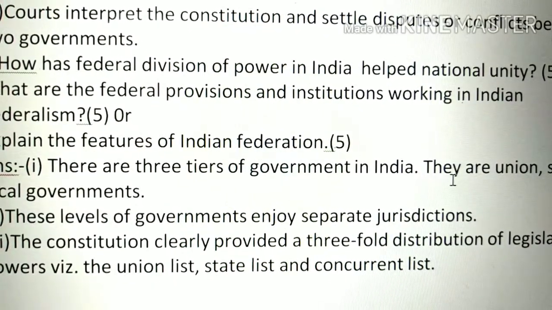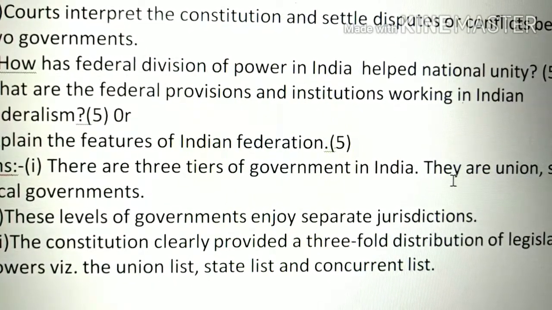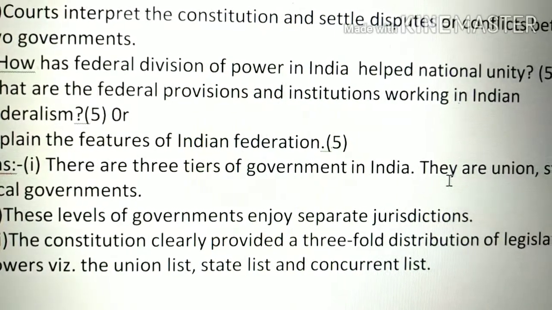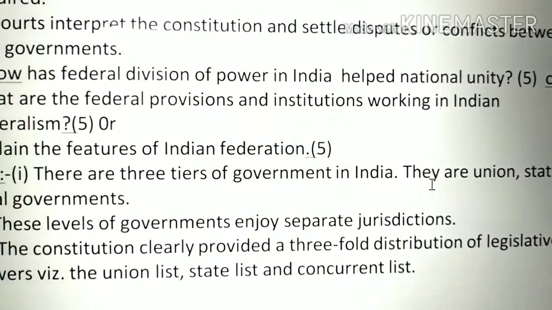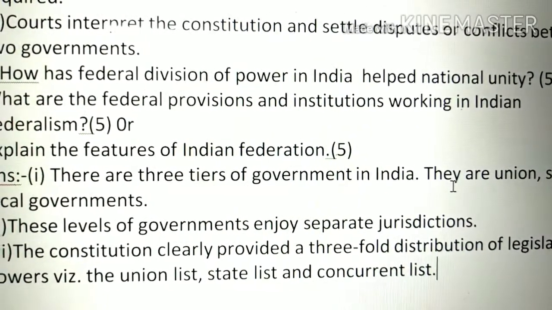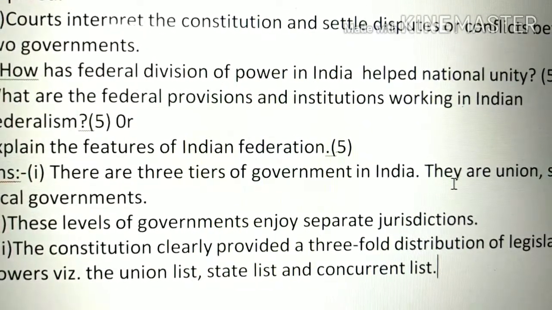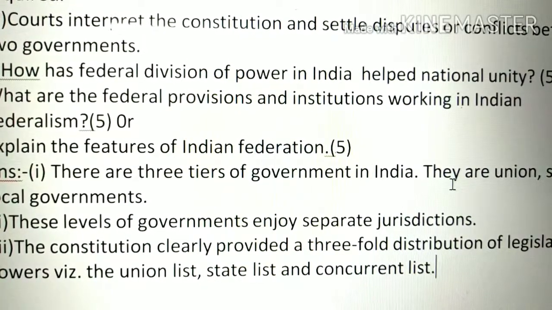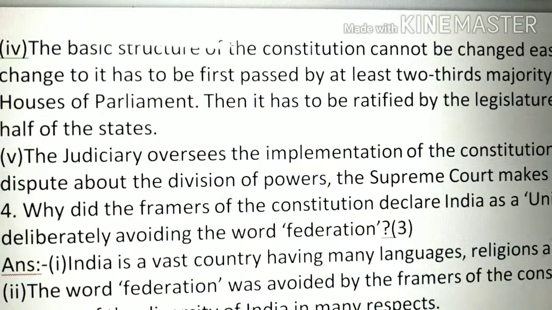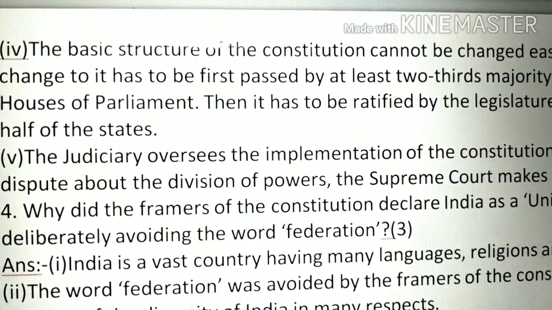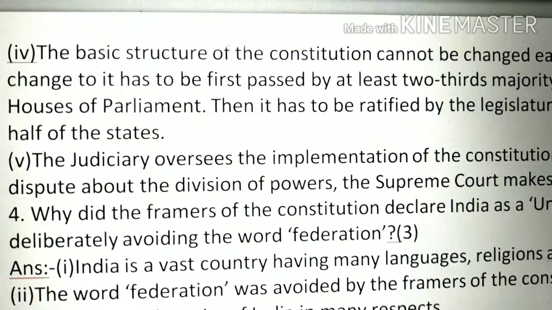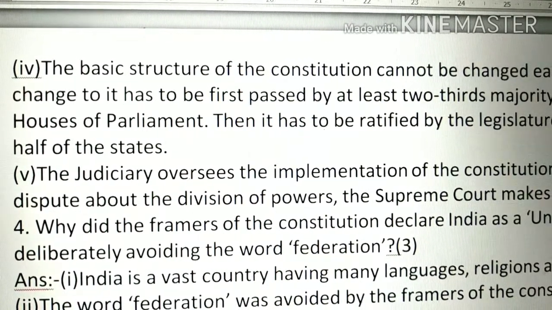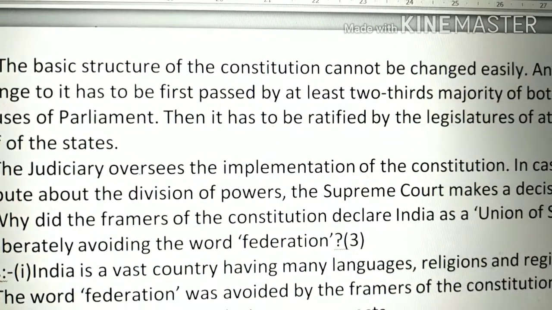Point number 3. The Constitution clearly provides a threefold distribution of legislative powers: the union list, state list, and concurrent list. Point number 4. The basic structure of the Constitution cannot be changed easily.